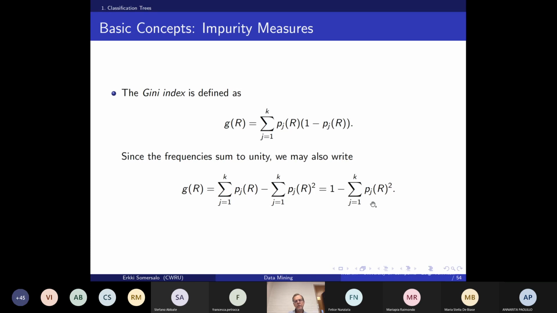Okay, so how does this measure impurity or purity? Let's see. Suppose you have all the entries in one and only one class.